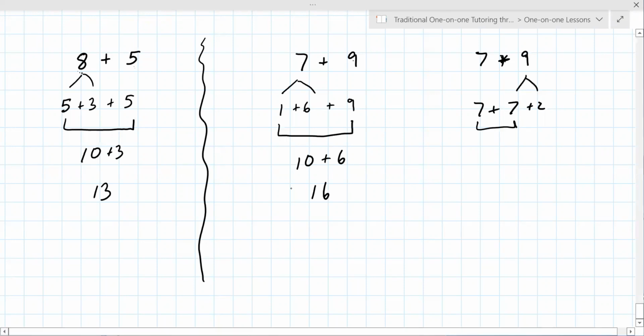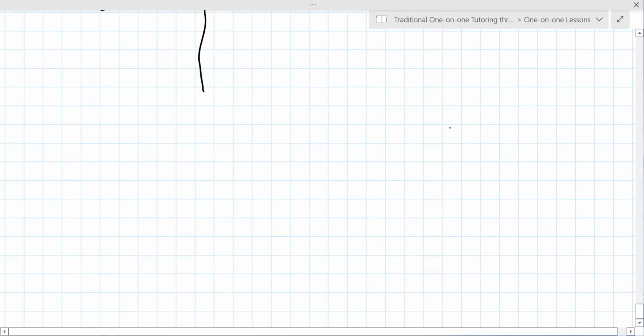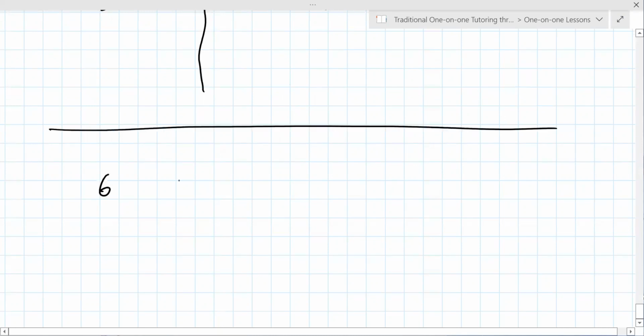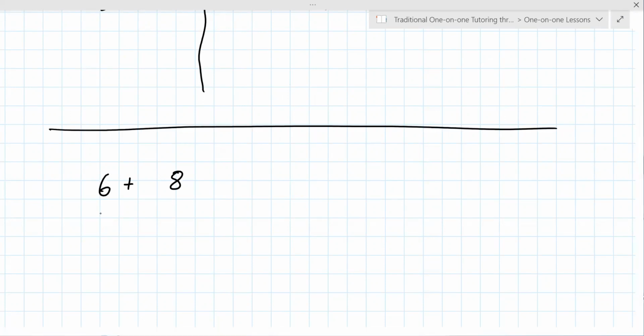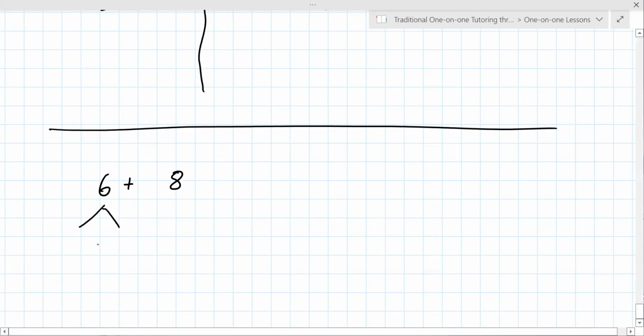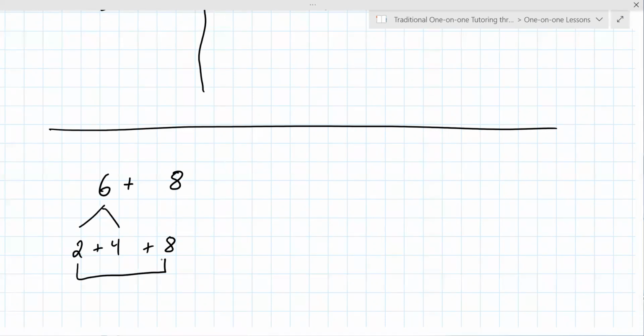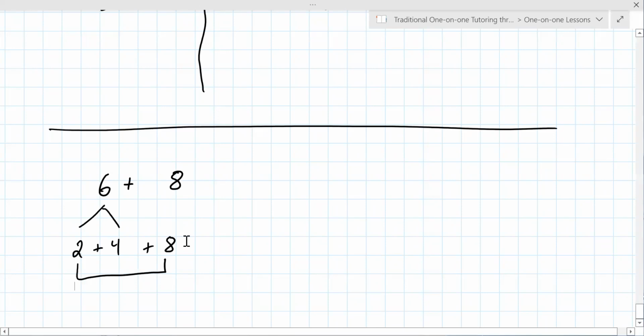So let's do another one here. Let's do 6 plus 8. So you can break the 6 apart into 2 plus 4. The 2 and the 8 go together, that's 10. 14. Yes. 14, good. So let's have you try one here. How about 8 plus 9?